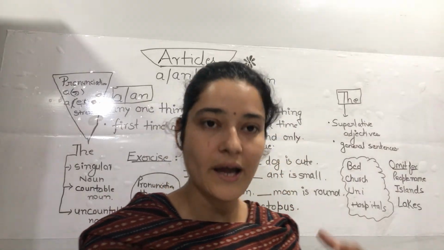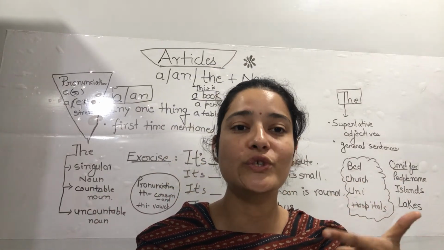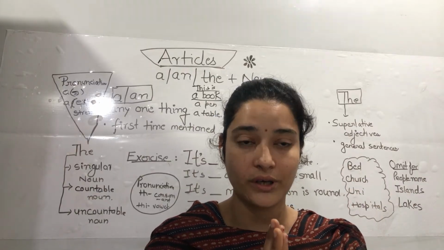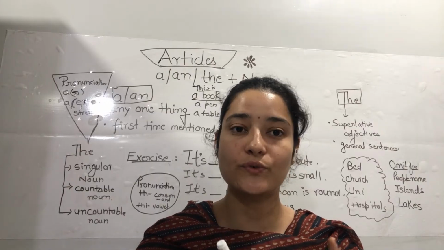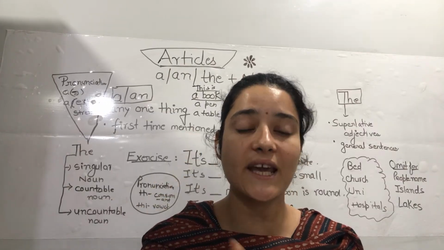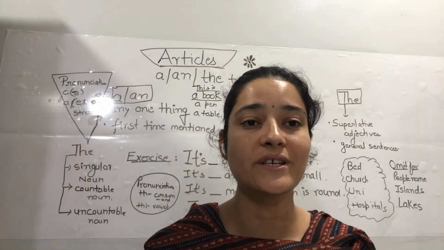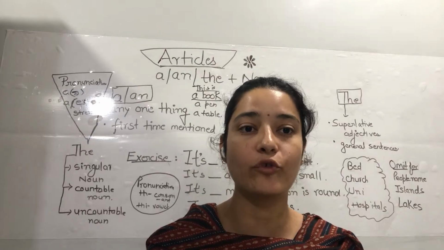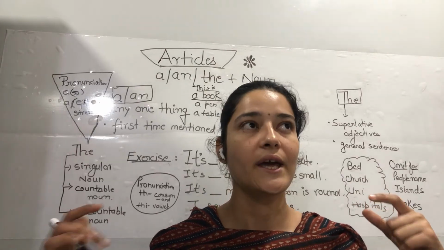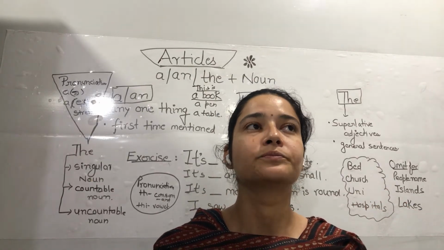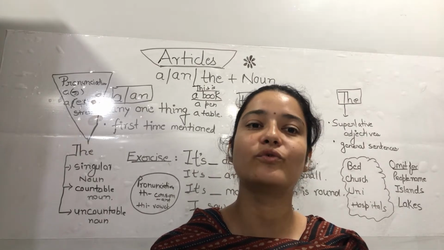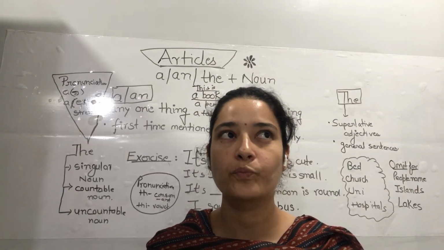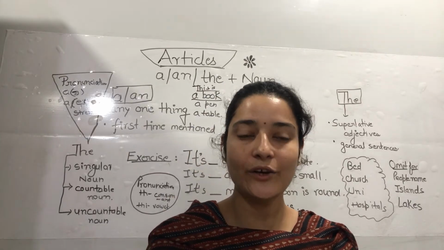Okay, so in the starting I used a book, but later on with book the article used was the. Means for the second time I have to use the, because I'm now aware of that book and I have already mentioned that book.